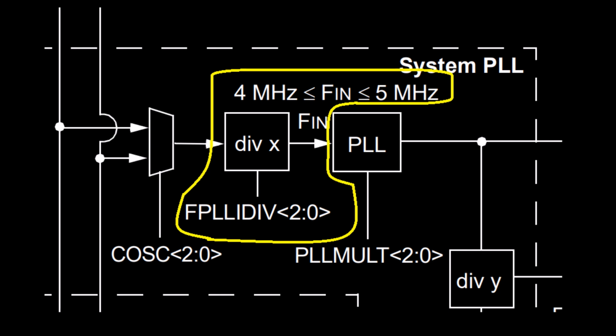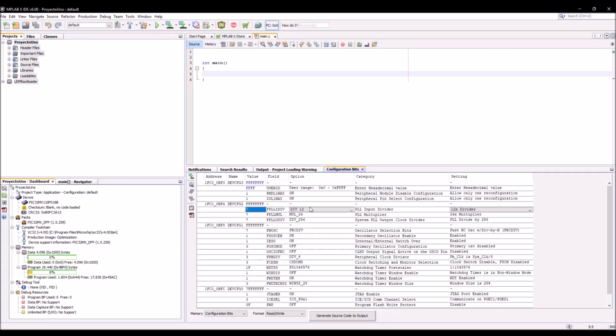Before the signal passes to the PLL frequency multiplier, it must be within a range of 4 to 5 MHz. Therefore the signal from the internal 8 MHz oscillator must be divided and the best value will be 2, to obtain 4 MHz. This division depends on the FPLL input divider, so I proceed to calibrate these bits at a value equal to 2.